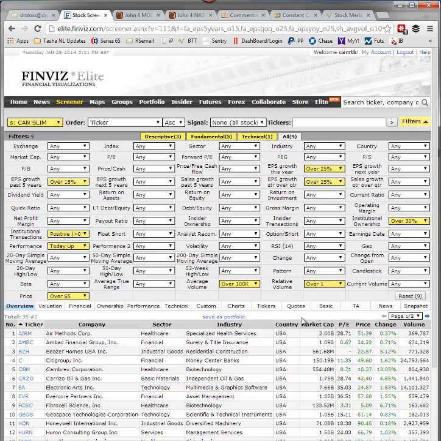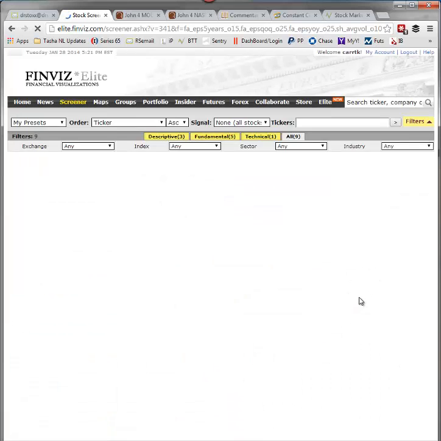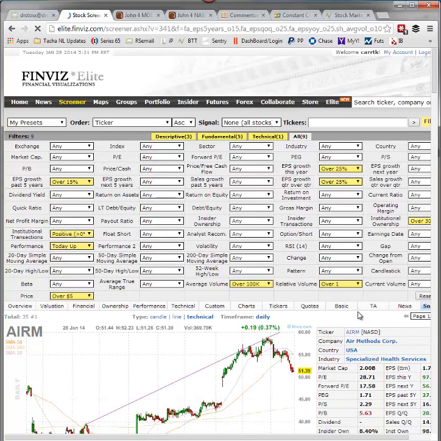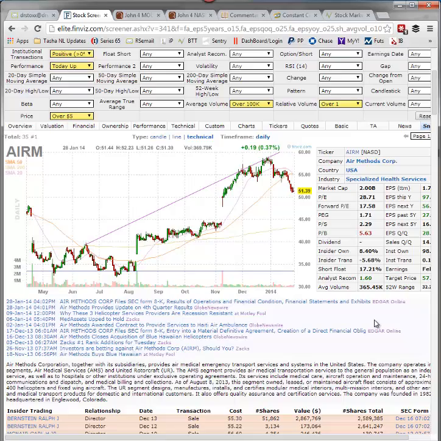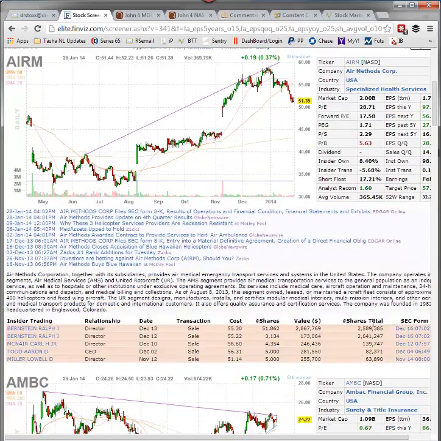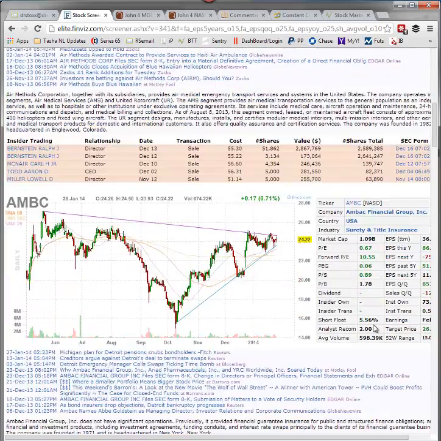It's based on a technical and fundamental system called CAN SLIM, C-A-N-S-L-I-M. I won't go into all the details of that. But I run this scan twice a week or so, and it gives me some excellent trading candidates for our Trend Trade Letter primarily. As I scroll through these charts, I'm looking not only for strong fundamentals, but also for price patterns that are very tradable.